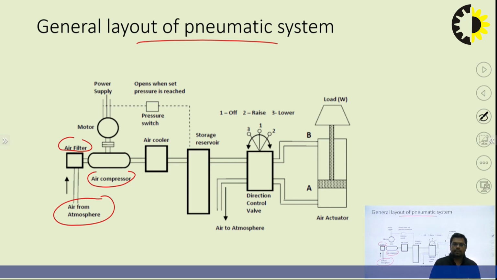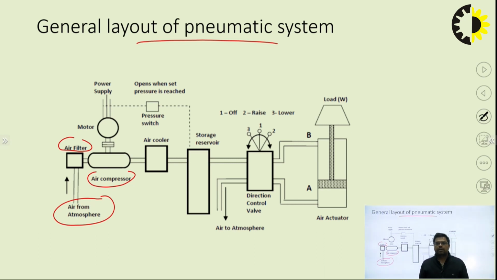With the help of filtering we remove the dirty particles coming into the compressor. Different stages of filters are necessary to filter out pure air going into the air compressor. The air compressors are operated by some kind of motors, so this kind of motor requires power supply.